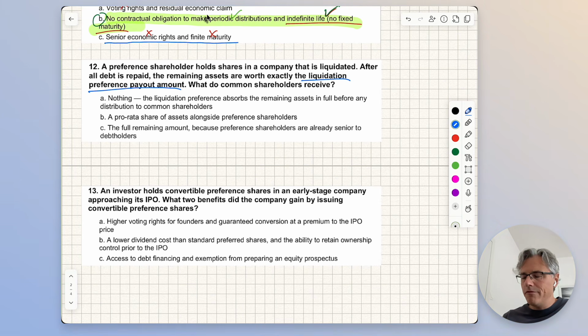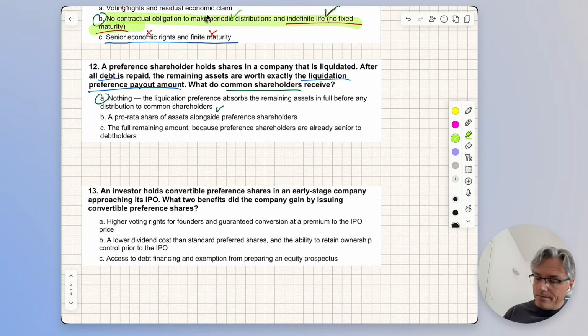And remember, they come first, before any common shareholders. So if the amount left after the repayment of debt is just enough to pay the preference shareholders, then the common shareholders will receive, answer A, nothing, because that liquidation preference absorbs the remaining assets in full before any distribution to common shareholders can be made.